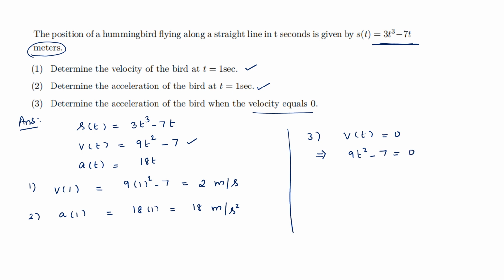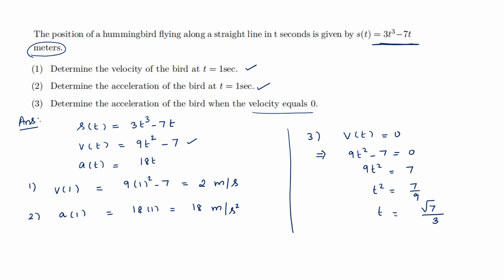So get the value of t from this. 9t square equal to 7. t square equal to 7 by 9. So what is t value? Square root of 7 divided by square root of 9 is 3. Root of 7 by 3.